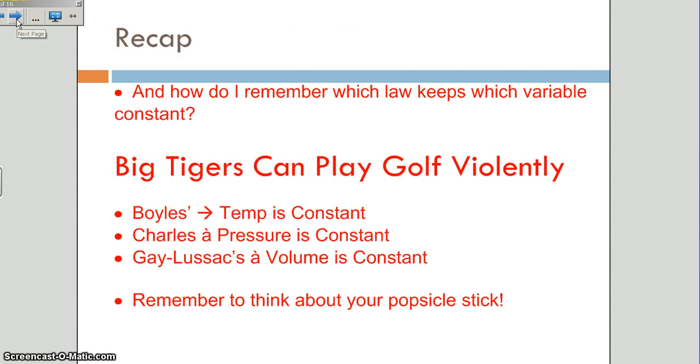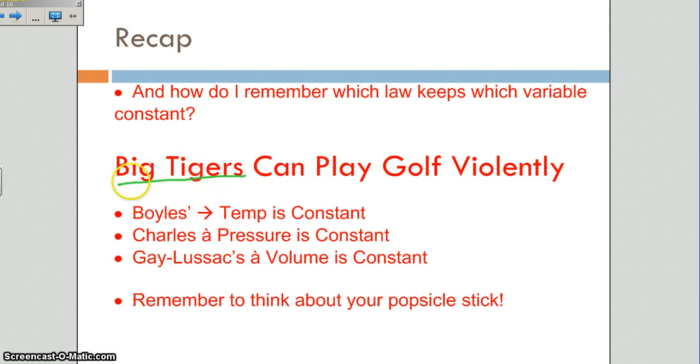Now, there is a way you can remember these things, and here's how you're going to remember it. Big tigers can play golf violently. I know it sounds ridiculous, but this saying is going to help you guys remember what stays constant with each law. So, if we look at big tigers, we're going to think B for Boyle's and T for temperature.